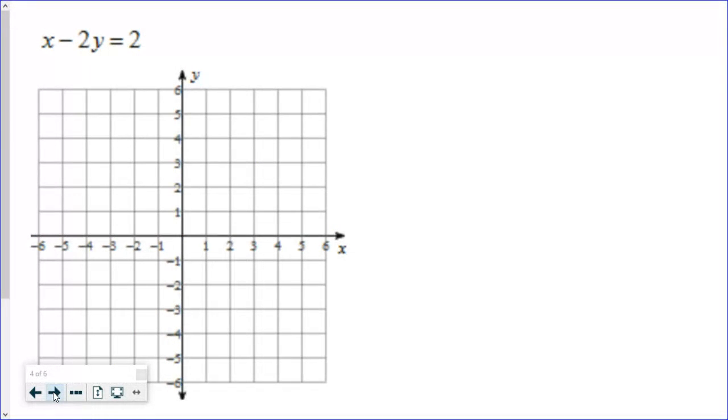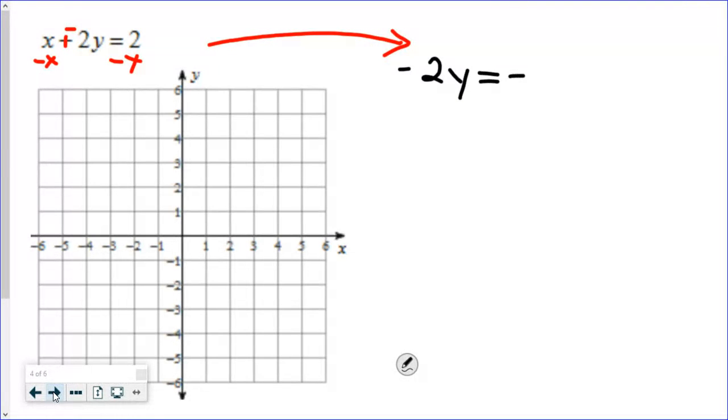Okay, now this one, I would start by saying minus x and make sure that is plus the opposite using that key change. Now, when I rewrite this, it's going to be a negative 2y equals negative x, but I'm going to write a 1 there so I don't forget the number, plus 2. Because I want the x's first.